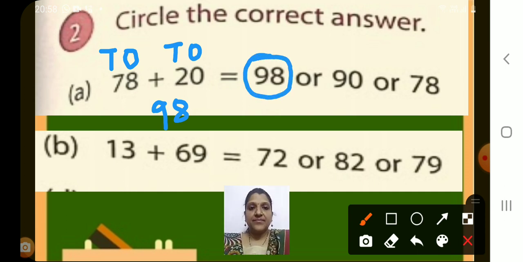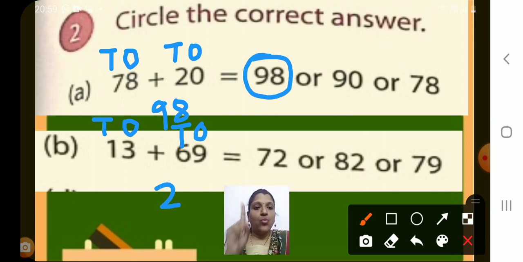Now next. 13 plus 69 equals 72 or 82 or 79. Let us find out with the same method. Let's write tens place, ones place. So let's do the addition of the ones place first. 3 plus 9 is 12, correct, which is a 2-digit number. Hence we will write 2 over here and we will take 1 which has been carried over.